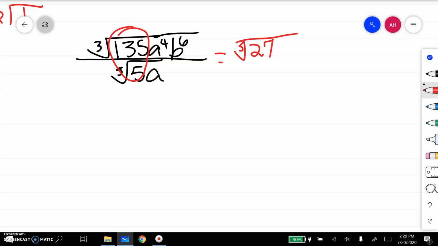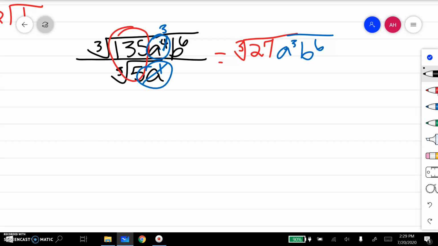Then we're going to use our rules of exponents with the a's. So I have 1a down here and 4 on the top. Remember that you subtract those or cancel. I cancel one of these with one of those, and that leaves me with a to the 3rd. So that's going to go underneath. And then we still have that b to the 6th. Okay. So now we've simplified it some.